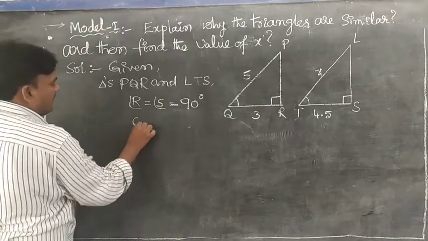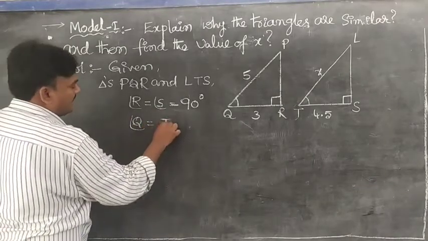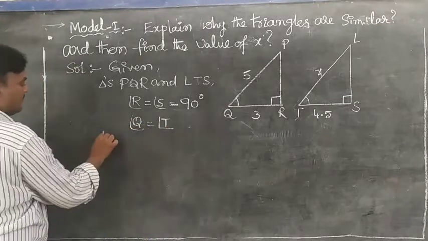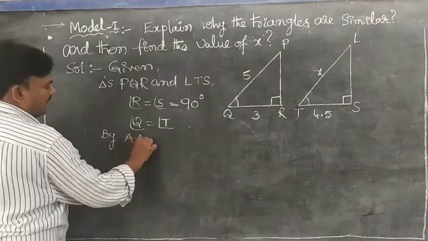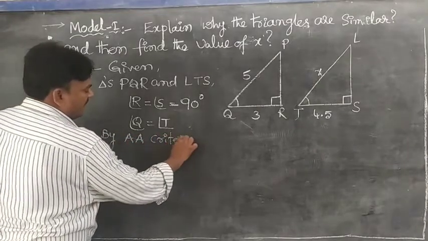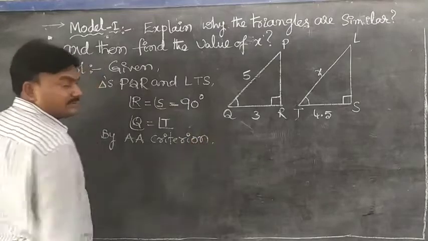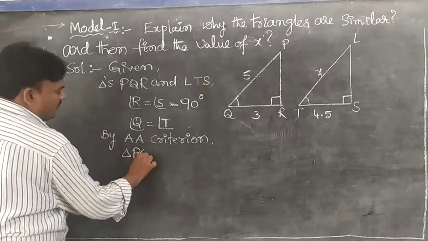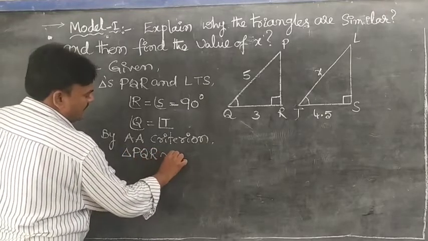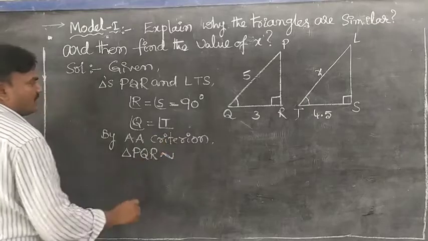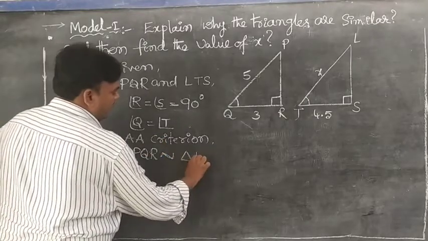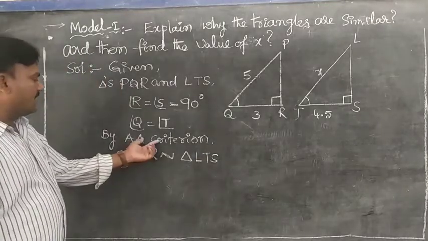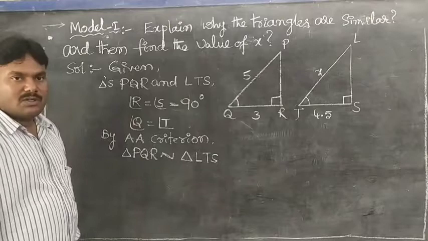According to the symbol, angle Q equals angle T. By AA criterion, triangle PQR is similar to triangle LTS. We prove it by using one criterion. Then both triangles are similar to each other.